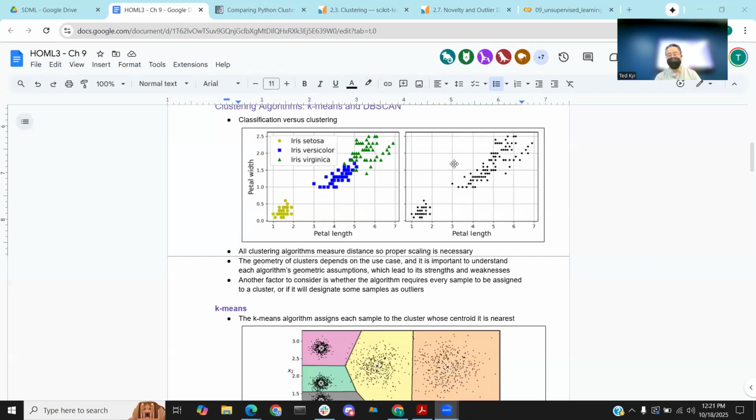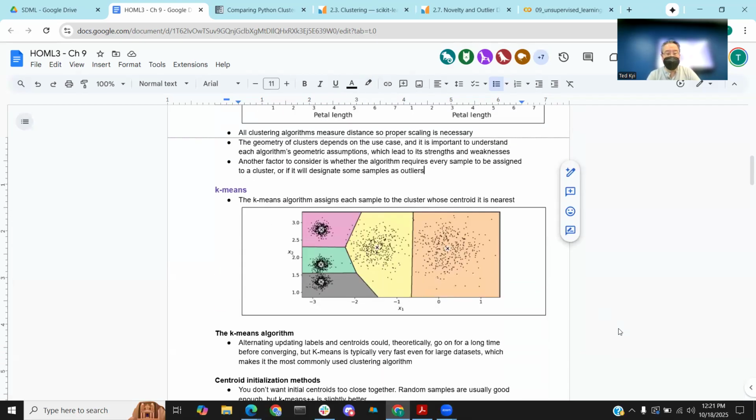We'll see there's other algorithms like dbScan where they'll just simply say, nah, that point seems weird, I'm not going to use it, and then that might allow its clusters to be more naturally defined just by the close together points. All right, so with that preface, let's talk about k-means.